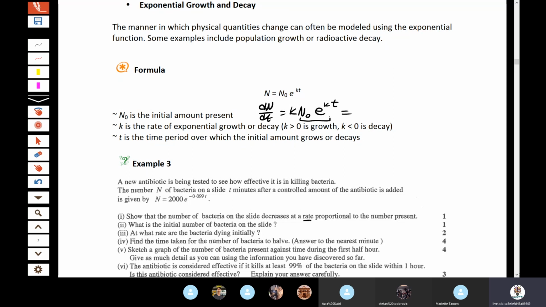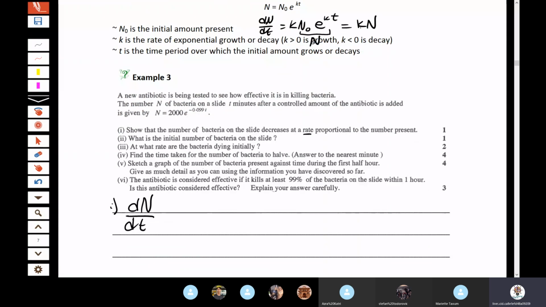Right, so this bit here is n. So the answer is just kn. So you can tell that it's proportional, k is just the proportionality, to the number present.